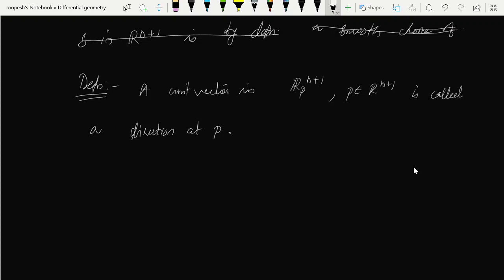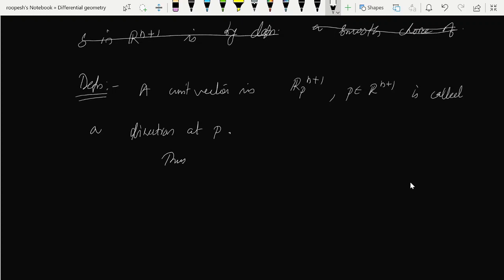So whenever you are giving a unit vector at a point, it is called the direction at p. Thus an orientation on an n surface is a choice of a normal direction at each point of S.